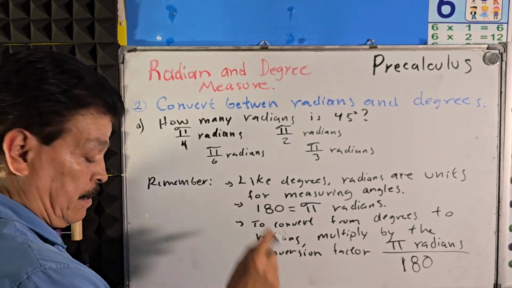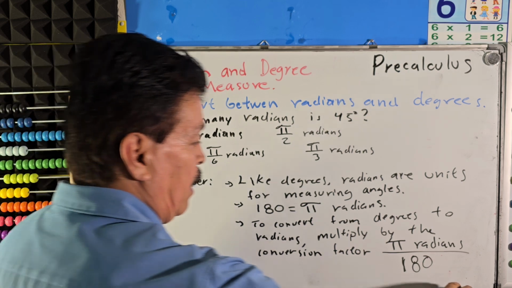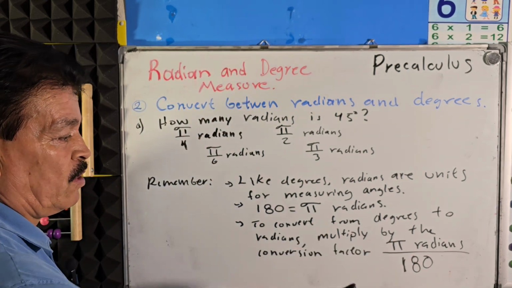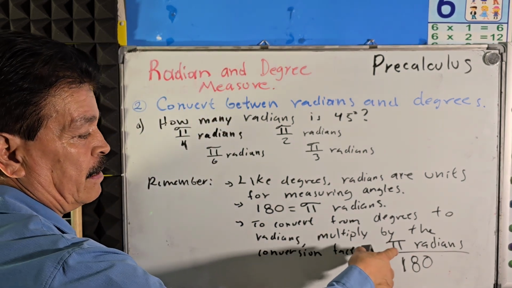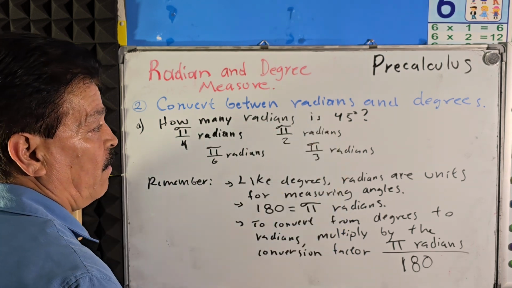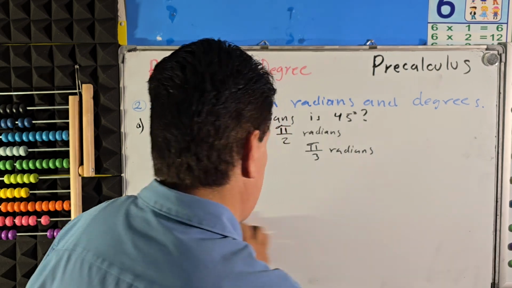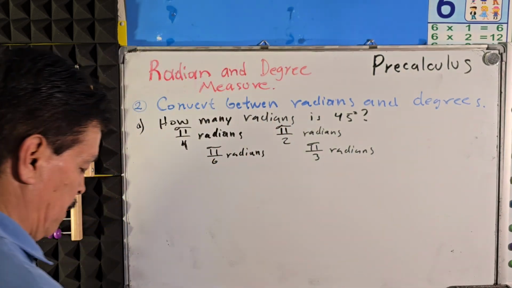Yeah, look at this, it is easy. We have to multiply pi radians by 180 when you have degrees. Okay, so let's try to solve our problem.